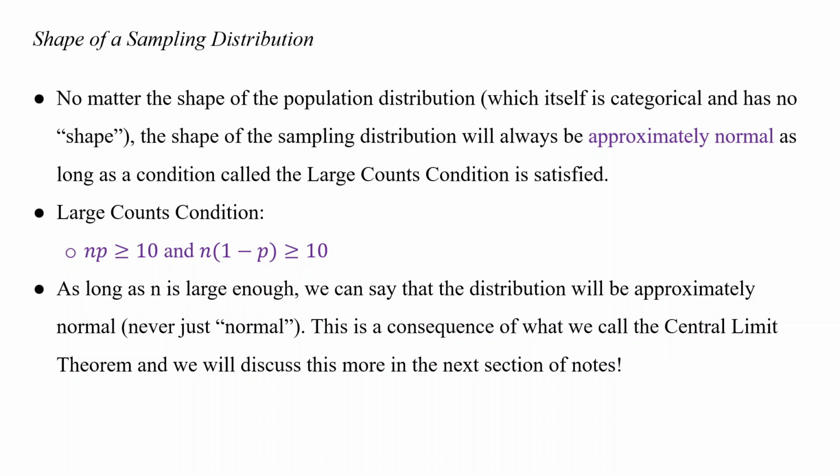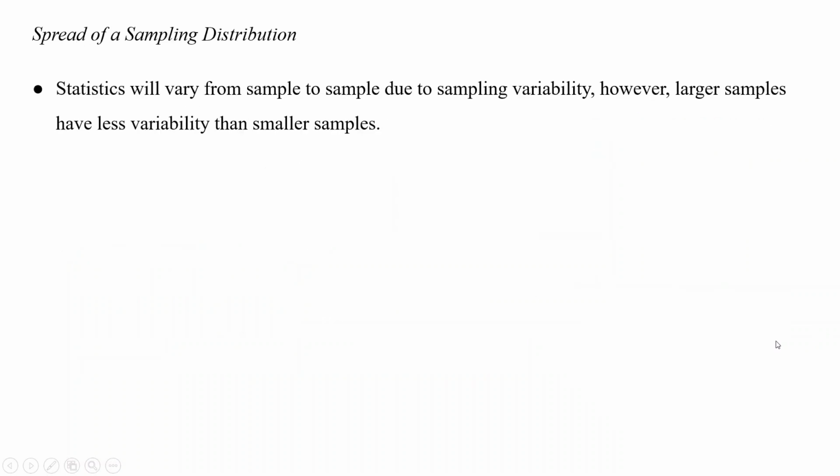Never exactly normal. It'll always be approximately normal because nothing's perfect, right? But it's more of a consequence of that central limit theorem that we're going to start talking about in notes 4. And I actually have an activity for you guys right before we get into that too. Okay? So that's the shape of the sampling distribution.